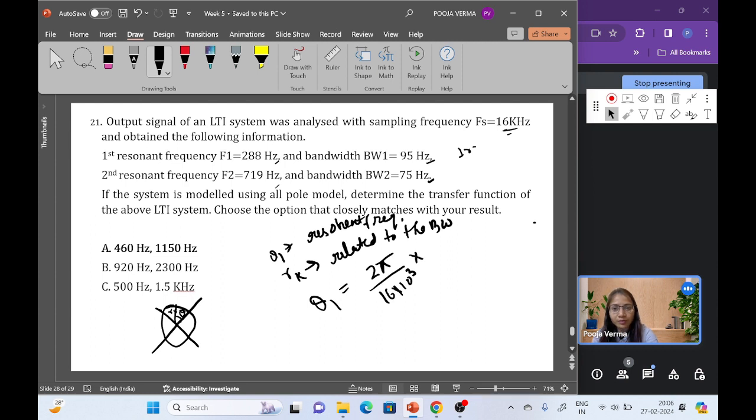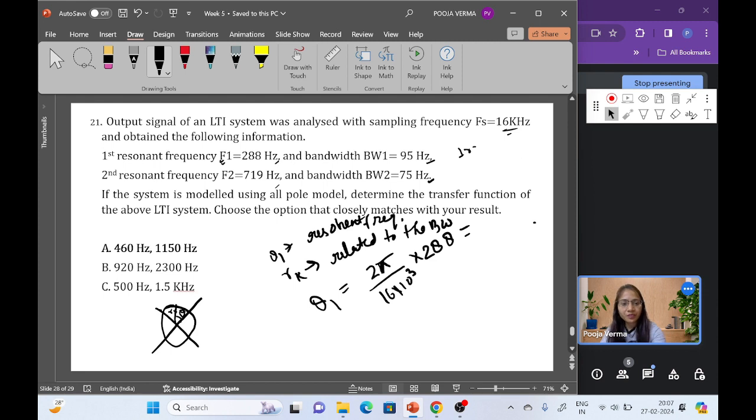And here we are going to translate first that resonant frequency that is related to theta. So 288. Sirisha, can you calculate this? Here it is a theta, so we need to take pi as 180. For example, if we find out R1, this is not an angle, then we will take pi as 3.14.